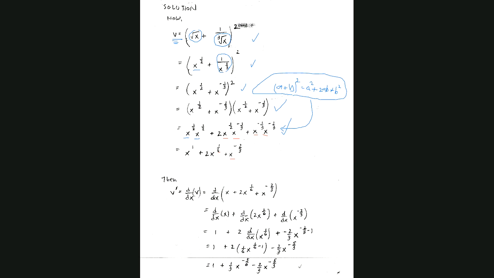And so now my function v is in a good form to take the derivative. Now I'm going to take the derivative, because I can apply the rules that I know. So v prime is the derivative of v with respect to x.